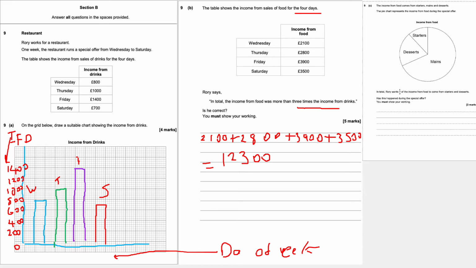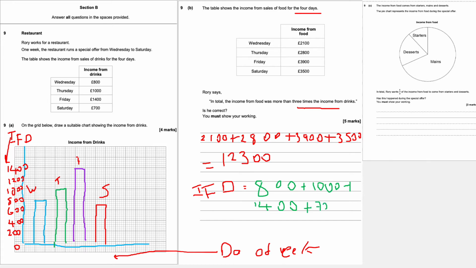Okay, and then the income from drinks, so let's just do this one here. Let's change the colour so we know which one's which. Let's do it in green. 800 plus 1,000 plus 1,400 plus 700 gives us an answer.